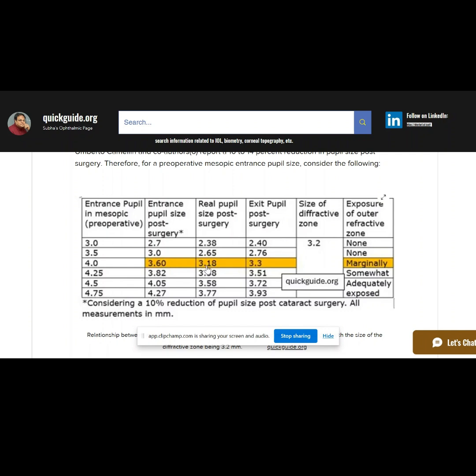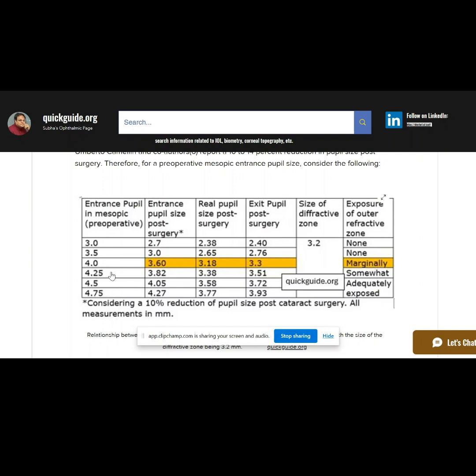The patient's outer refractive zone will only be exposed when the preoperative mesopic entrance pupil is at least 4 millimeters. If your preoperative mesopic entrance pupil is 4 millimeters, then your exit pupil post surgery is around 3.3 millimeters, and you get a marginal exposure of the outer refractive zone.